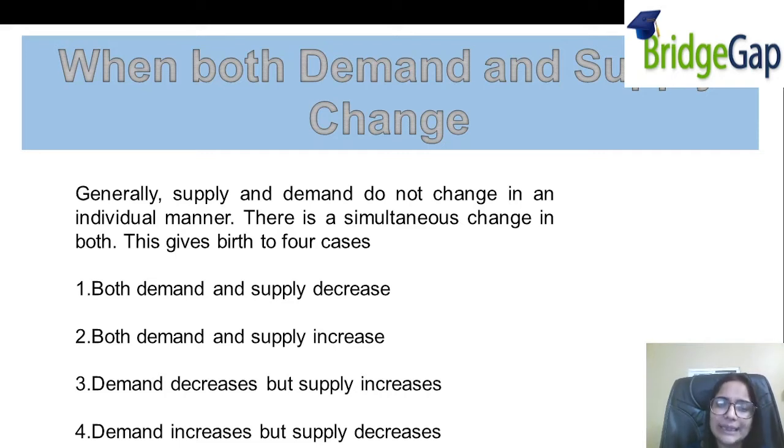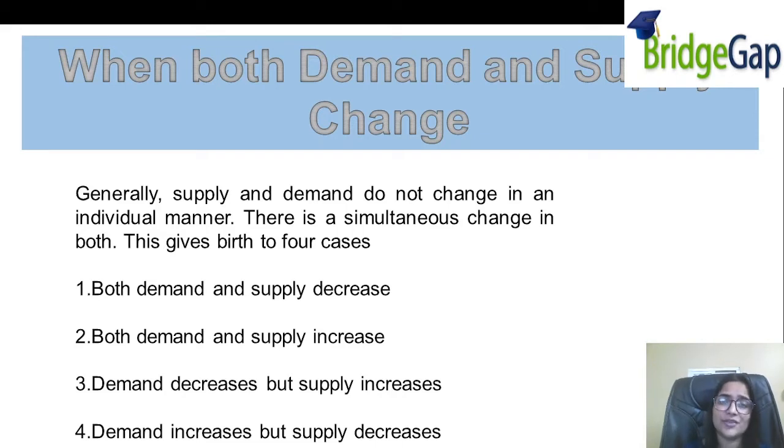Okay, so this gives birth to four cases. Let us have a look at each case. Both demand and supply decrease. Both demand and supply increase. Demand decreases but supply increases.